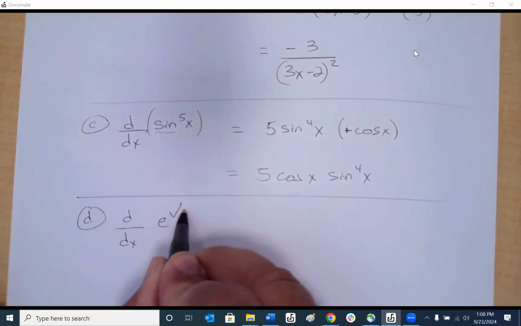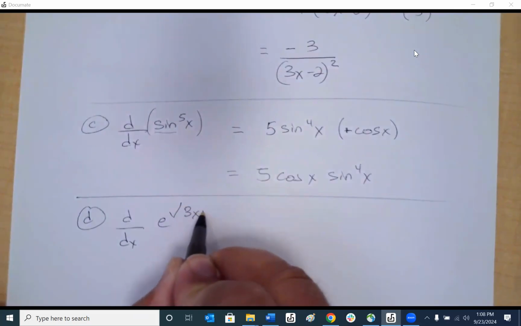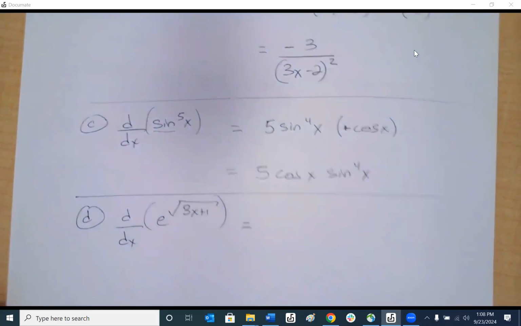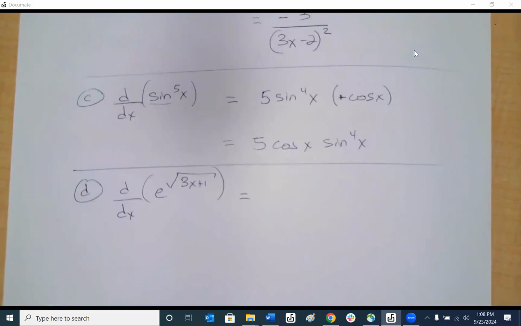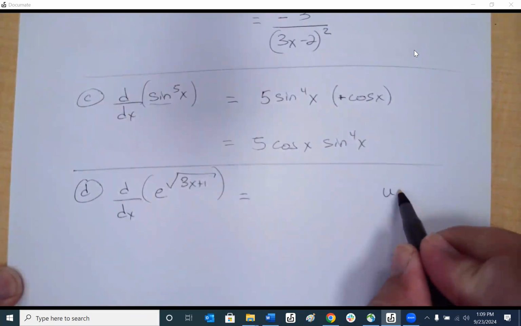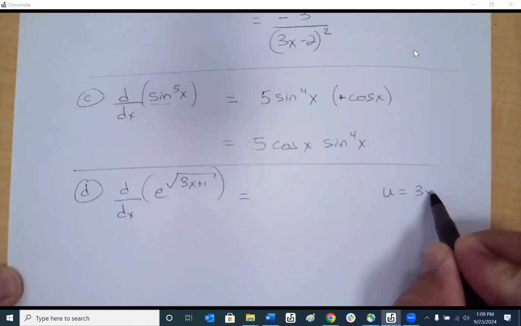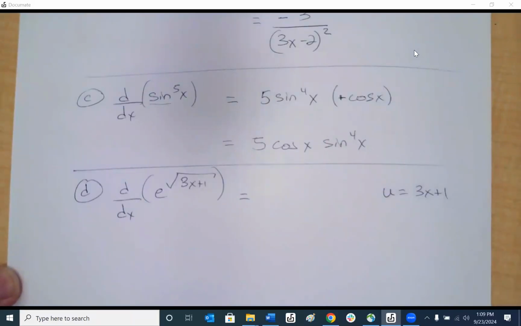E to the power square root of 3x plus 1. For this one, it's easier if we use substitution. Let's say that u is equal to 3x plus 1.